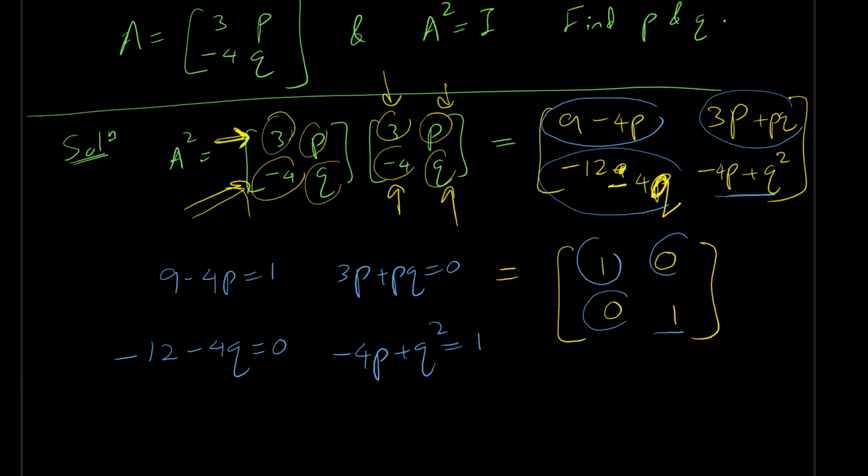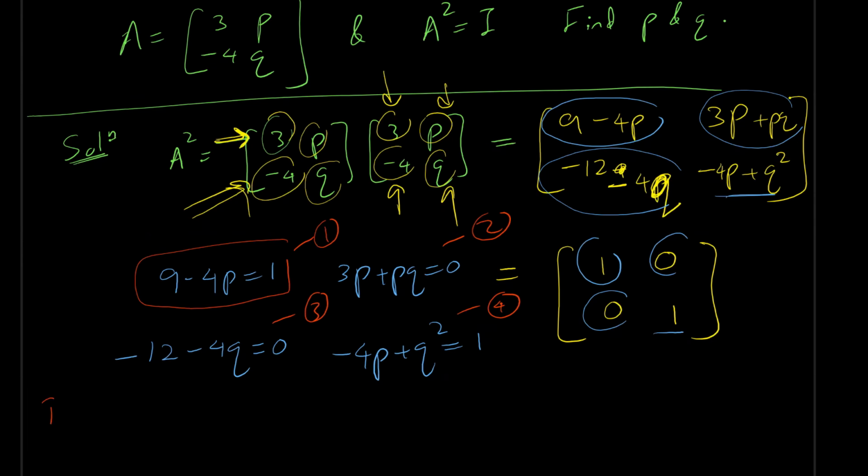Actually, you just need 2 of them because you have 2 unknowns. So let me take another color and let me label them 1, 2, 3 and 4.